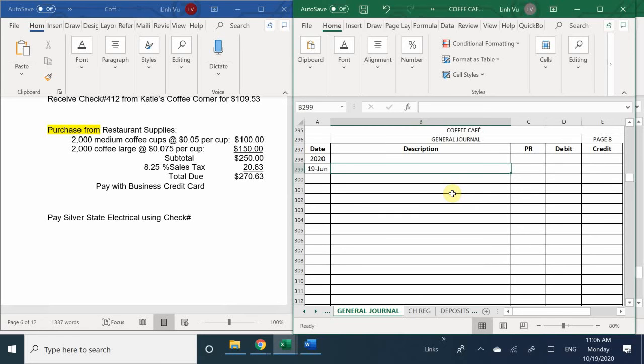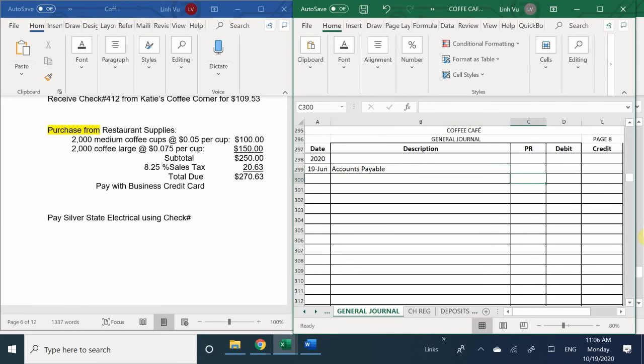What is debited? Accounts payable is going to be debited because we're trying to reduce what we owe, because on this day I'm paying what I owe. So I'm going to debit my accounts payable because I'm trying to reduce a liability.